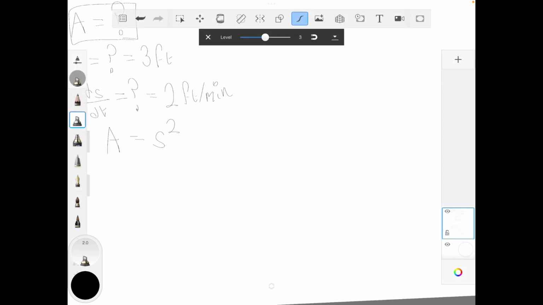So A equals, area of a square is length times width. That's probably the one that you're most familiar with. But if the sides are the same, then it's just going to be that number squared. So we can put s squared. Now we need to differentiate both sides. Actually, we can solve for the area here.